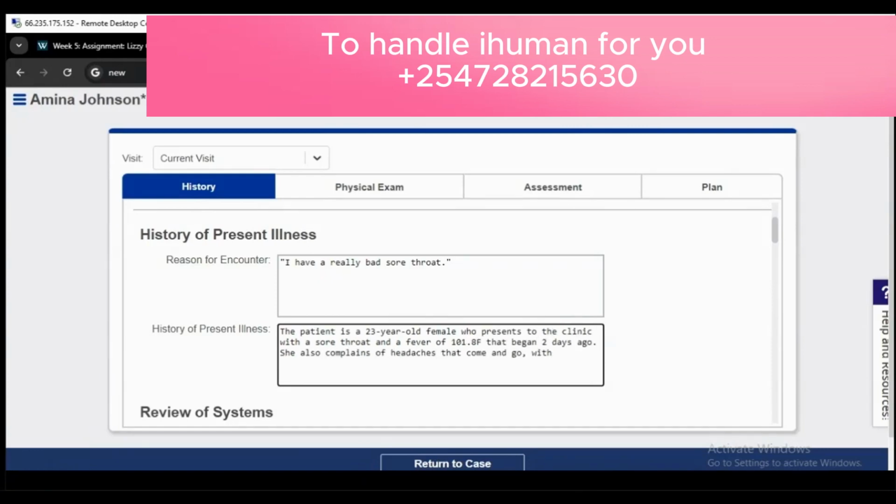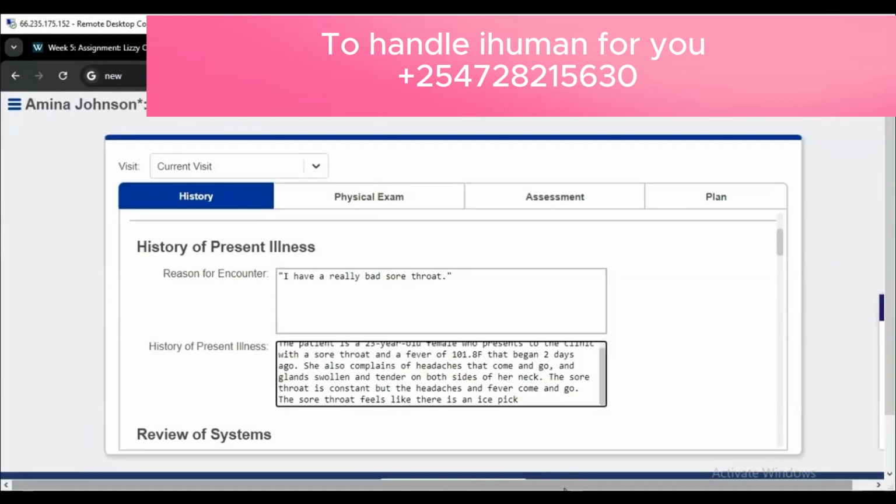Then another section you are required to key in is the history of present illness, which you have to make as detailed as possible, so that whoever has access to that EHR gets to understand in detail what the patient's problem really is.